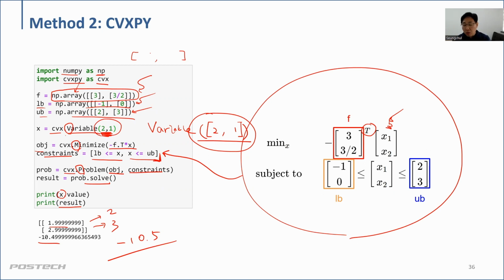Later on, whenever we have machine learning problems, I'm going to convert them into optimization problems, hoping that they're convex problems. If that turns out to be the case, we're going to use CVXPY programming like that to find the solutions. That's the general way that I'm going to attack and explain all the machine learning problems.